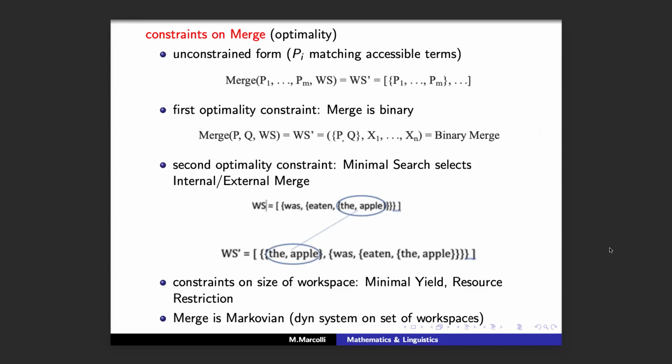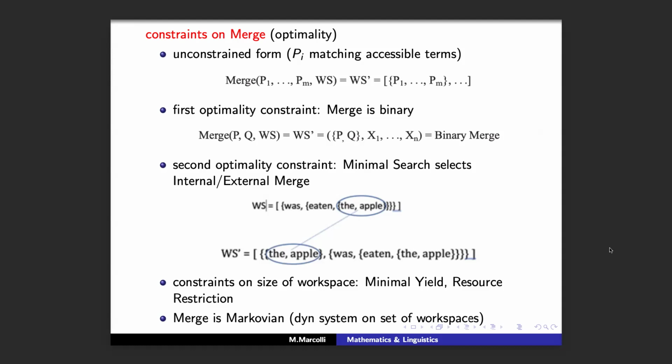And another optimality constraint, which I will explain in more detail later: a priori, you have different possible forms of this merge action that can occur. And the constraint is that among these, the optimal ones should be external merge, which is just the one that combines two sections into a single one, and something like internal merge, which is the one responsible for movement, so extracting a substructure and placing it somewhere else.